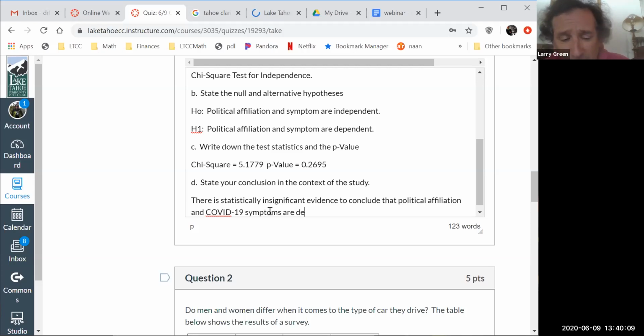I like to say dependent. And that will work whether it's insignificant or significant. Dependent always works. On the other hand, if you find significant evidence, you have to say dependent. In this case, it's insignificant, so it's fine.